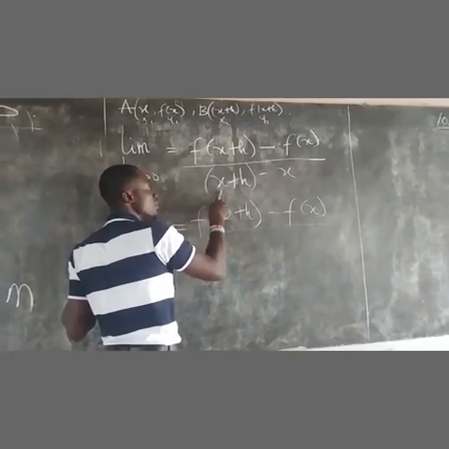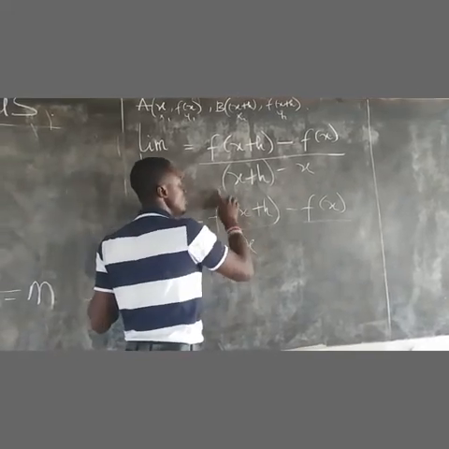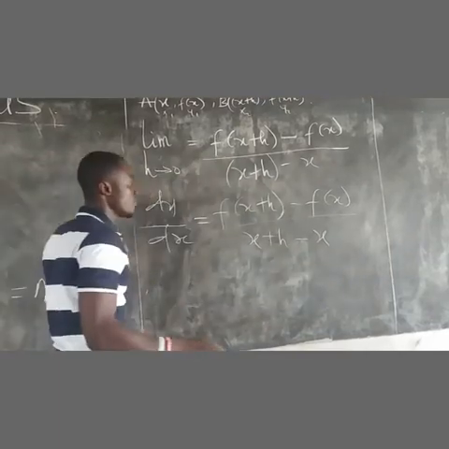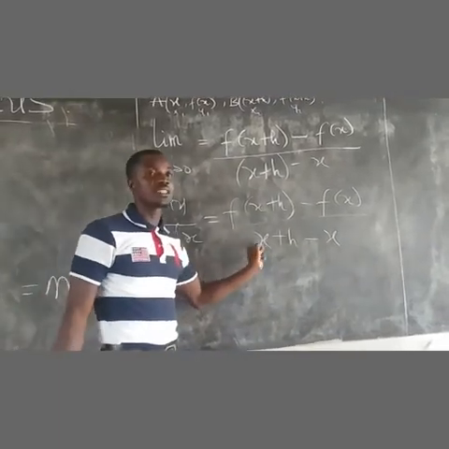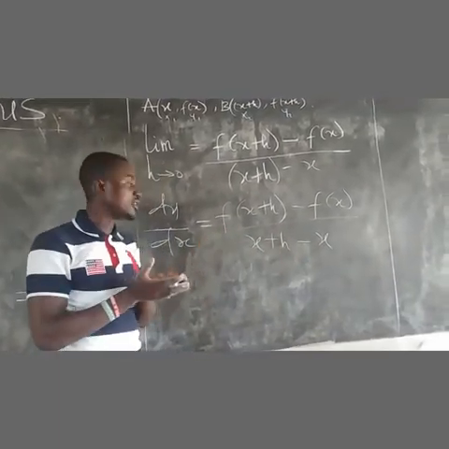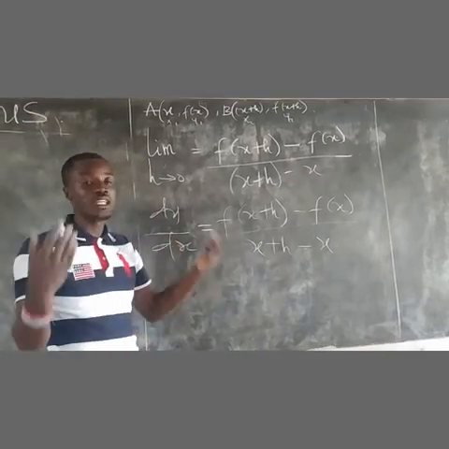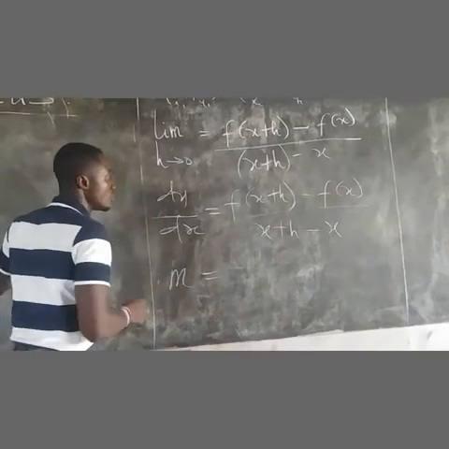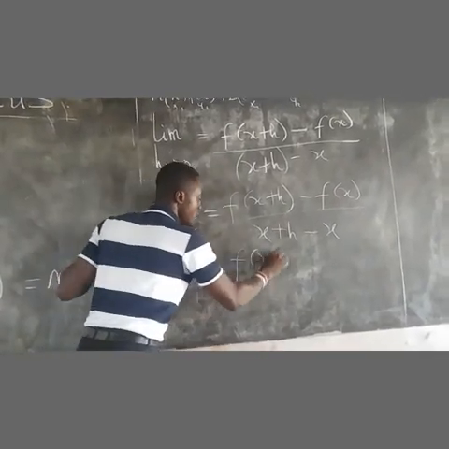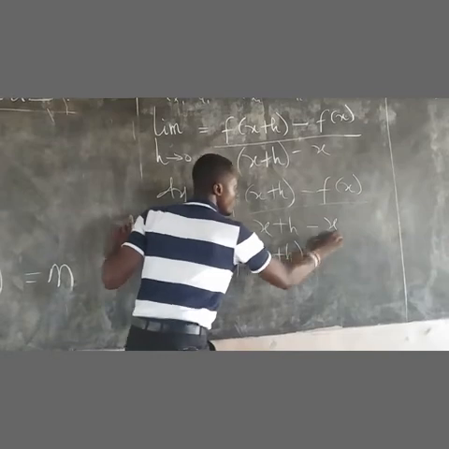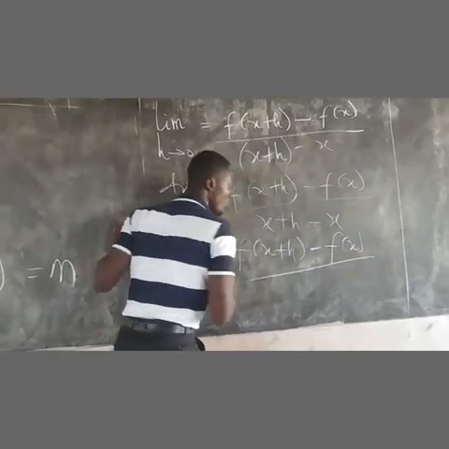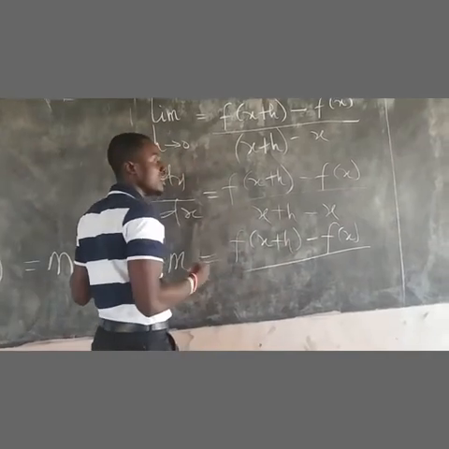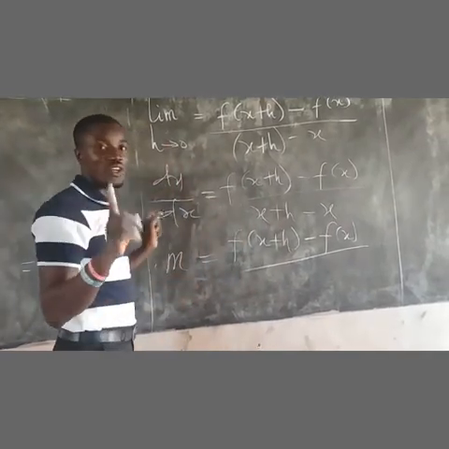So you multiply 1 by x, you get x. 1 by h, you get plus h. Then minus x. Positive x, negative x will give you neutral. If you multiply the neutral by h, you still get the h. So our gradient now is equal to f of x plus h minus f of x. On this, negative x will do away with the positive x.